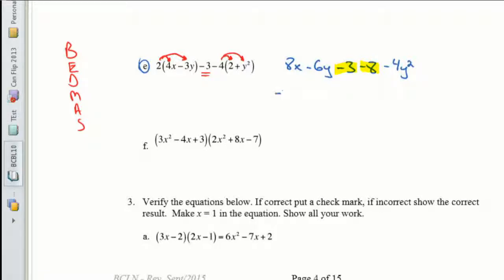So I'm going to put my y squared out front. -4y squared, -6y plus 8x, and then 3 and 8, both negative, give me 11. I don't know that I've ever done a question like that before with this stuff happening in the middle with the -3 and the -4. So it's a bit of a strange one.